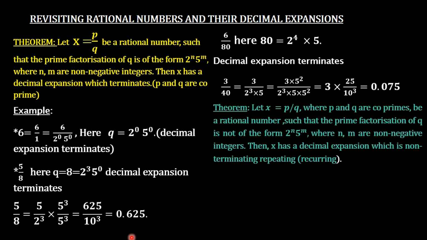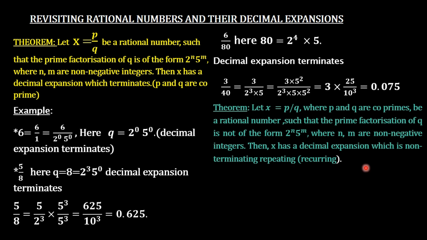If x equals p by q, an integer by another integer, where p and q are co-primes, that is, the common factor among them is 1, then if q possesses any other prime factors than 2 and 5, what can we say through this theorem?